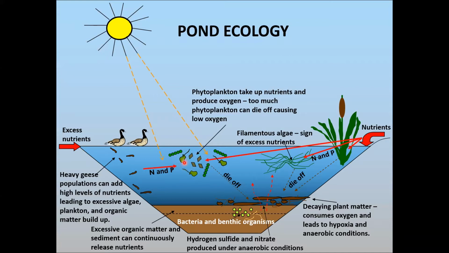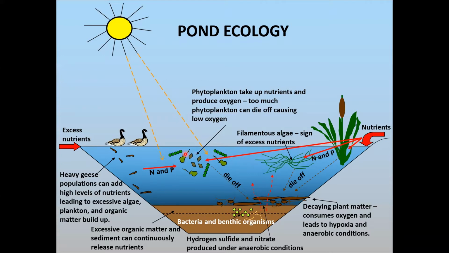What we see here is microscopic plankton, or algae essentially, and it thrives again on nutrients. We have other types of algae, filamentous algae, and then we have a whole host of different types of submerged and emergent species here, and they're going to take up the nutrients.